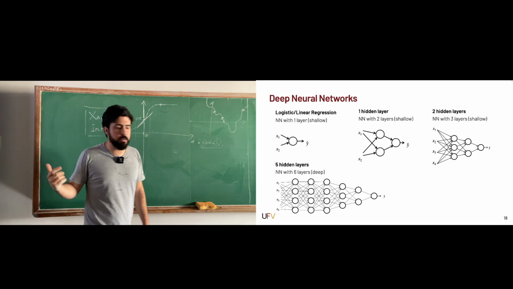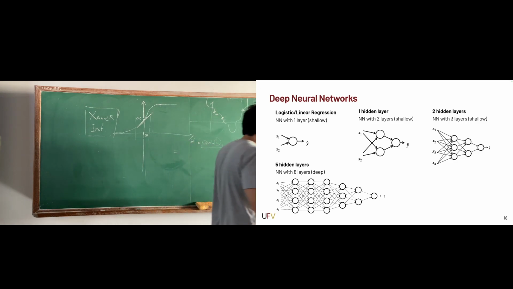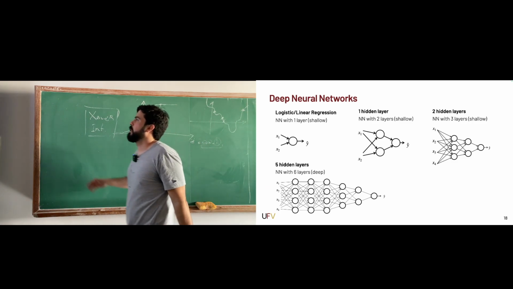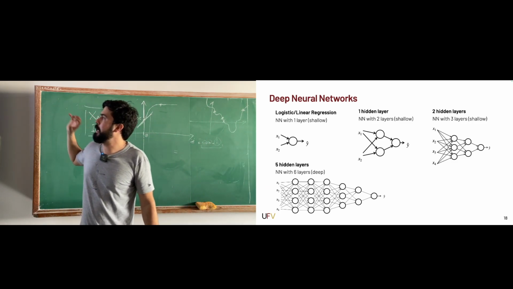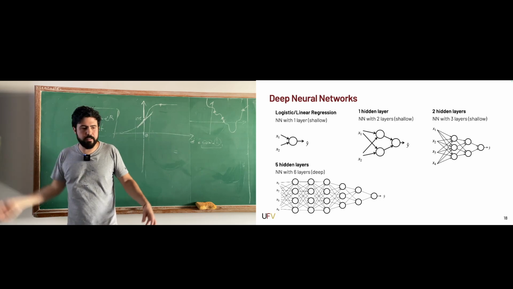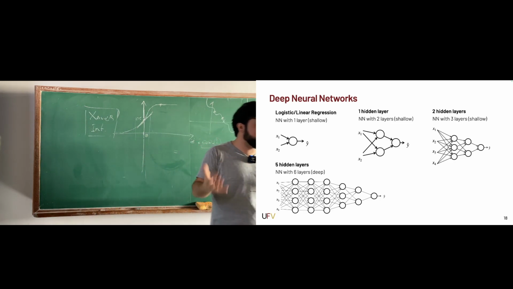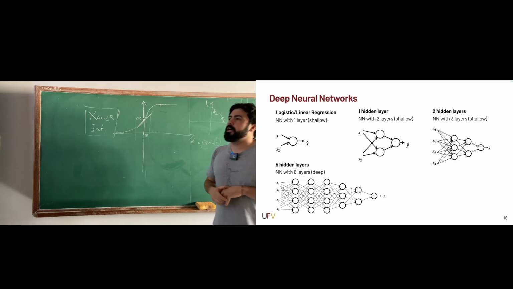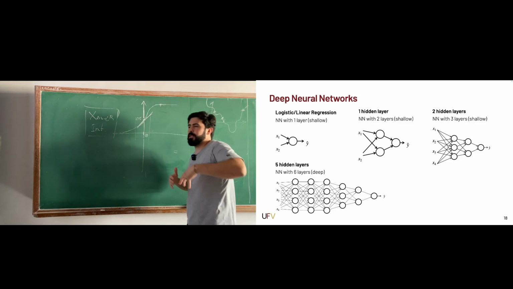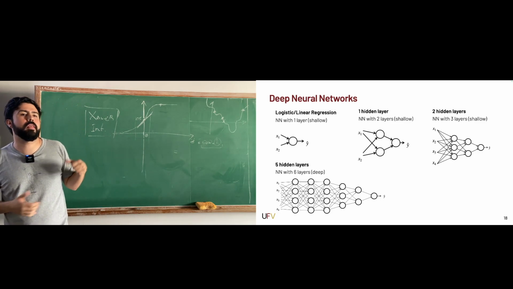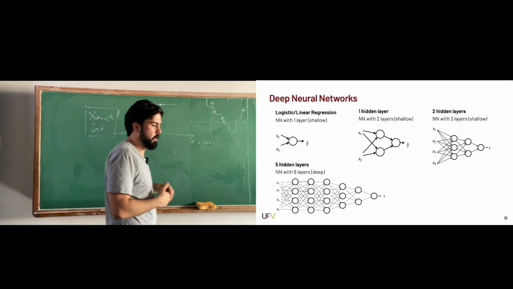There is no formal number that defines when a neural network starts to get deep, but historically, MLPs have been studied in this range of just one hidden layer.